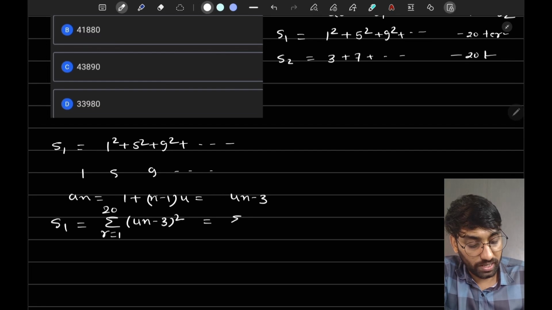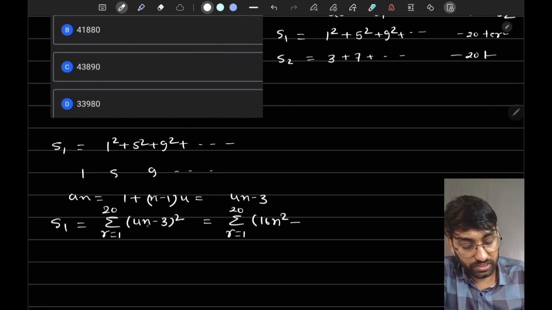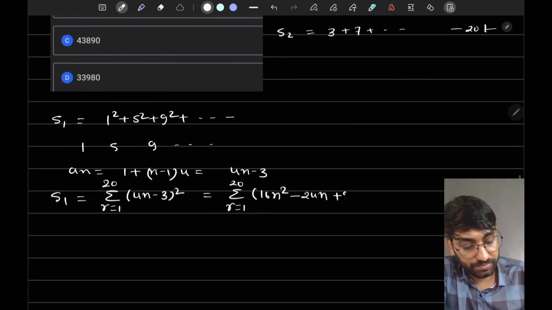And that is summation over r equal to 1 to 20 of 16r square minus 24r plus 9. Here the 4 3s are 12, 2s are 24, so 24 times r, and I am taking r here.